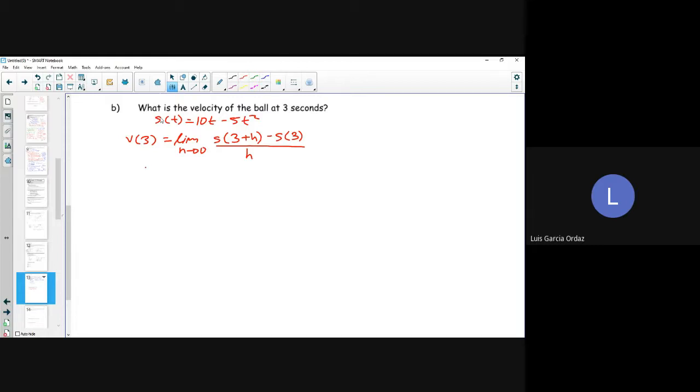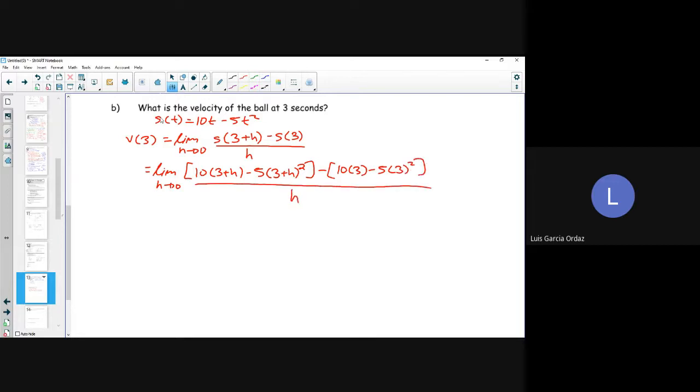So my next line is going to look like the limit as h approaches 0 of, in square brackets, 10 times (3 plus h) minus 5 times (3 plus h) squared, minus s at 3, which is 10 times 3 minus 5 times 3 squared, and that is all over h.